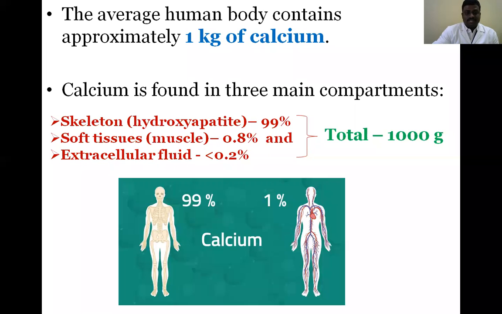Okay, so calcium has different functions in the soft tissues, extracellular fluid and in the skeleton. Most of the calcium, that is 99%, is stored in the bones as hydroxyapatite. In the muscle, you know how muscle contraction takes place, so calcium has a major role in muscle contraction.